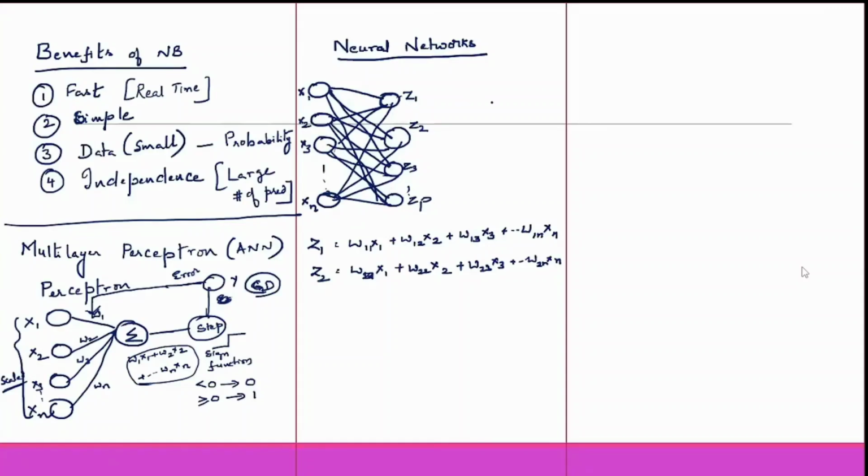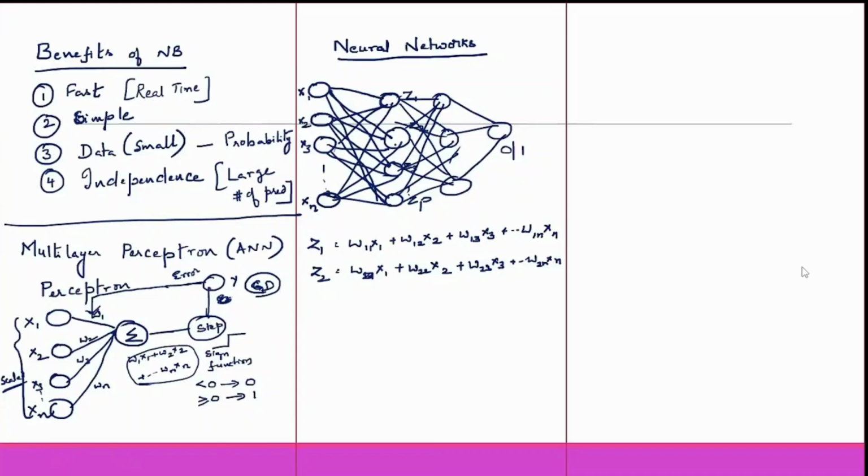And finally, my output layer is still finding out whether my output is going to be a 0 or a 1. But what can very well happen? Again, there could be one or more layers like this. And finally, these all could come together.